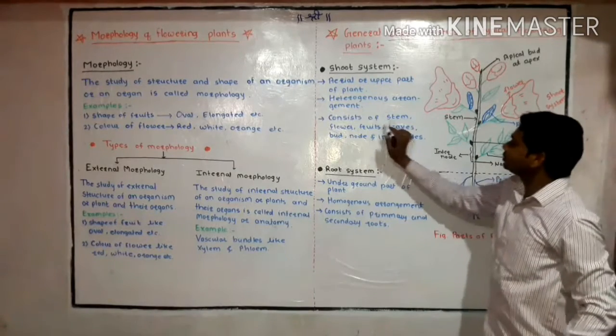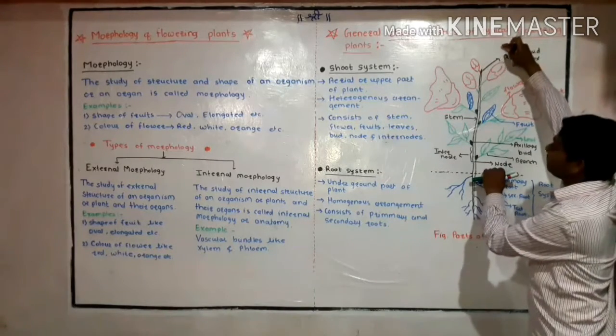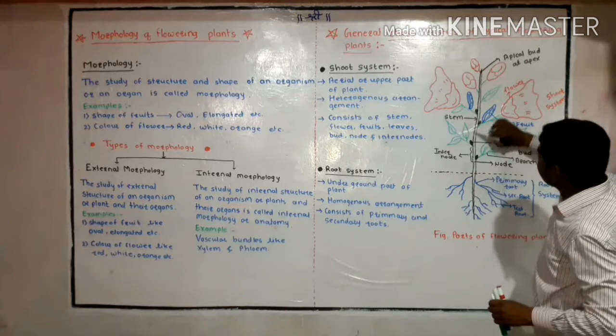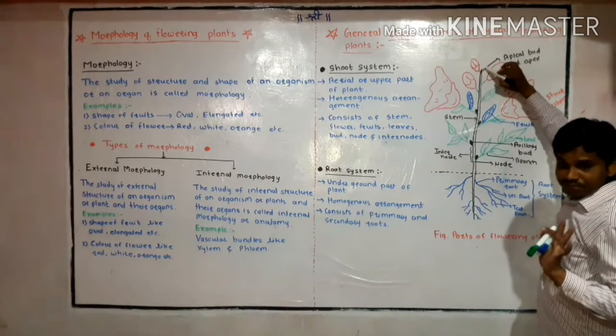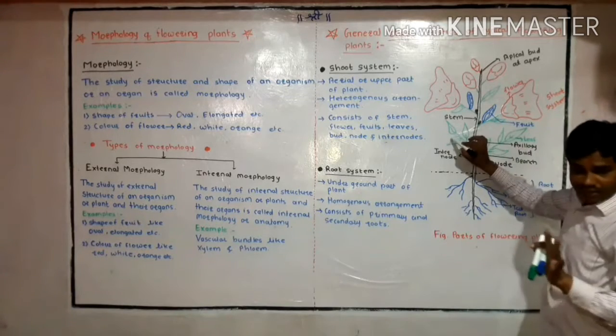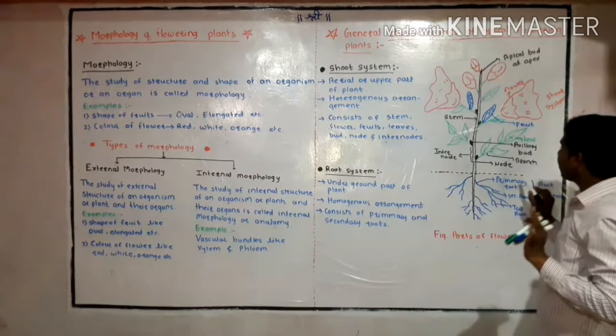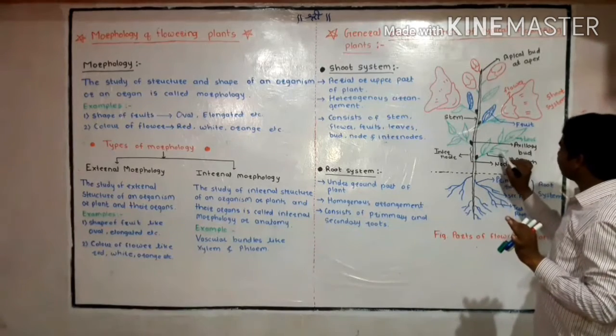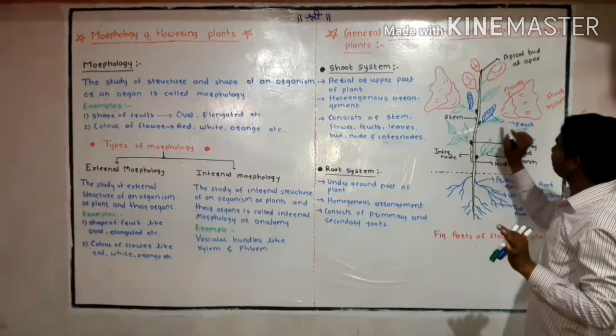Okay, this aerial part of the plant consists of stem, branches, different branches. Okay, on these branches there is a presence of leaf.